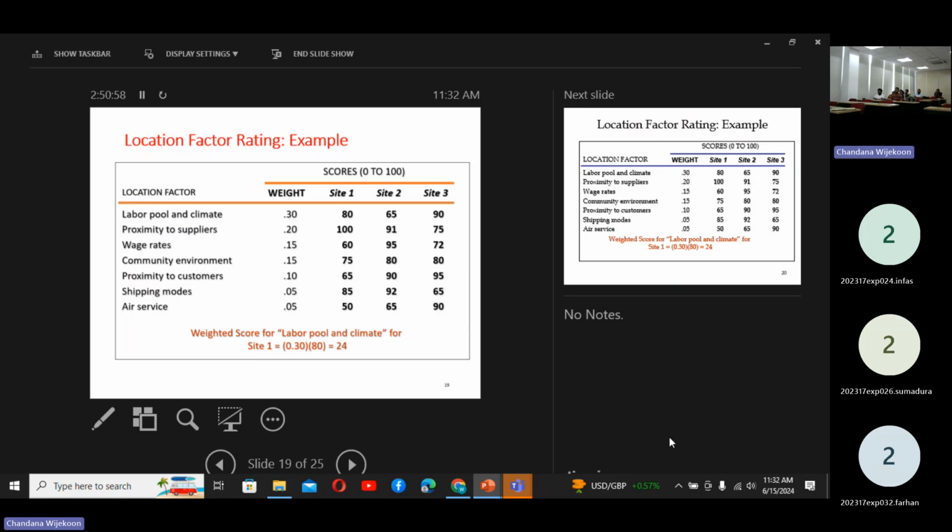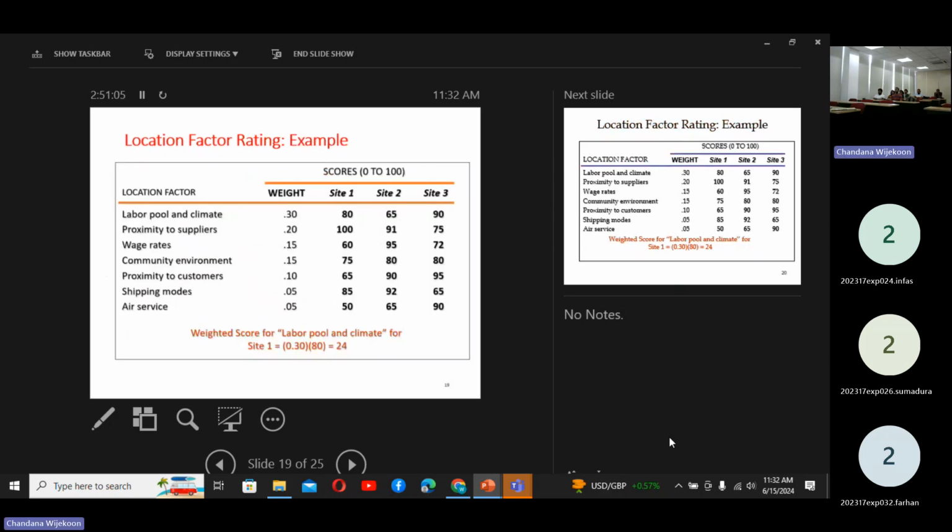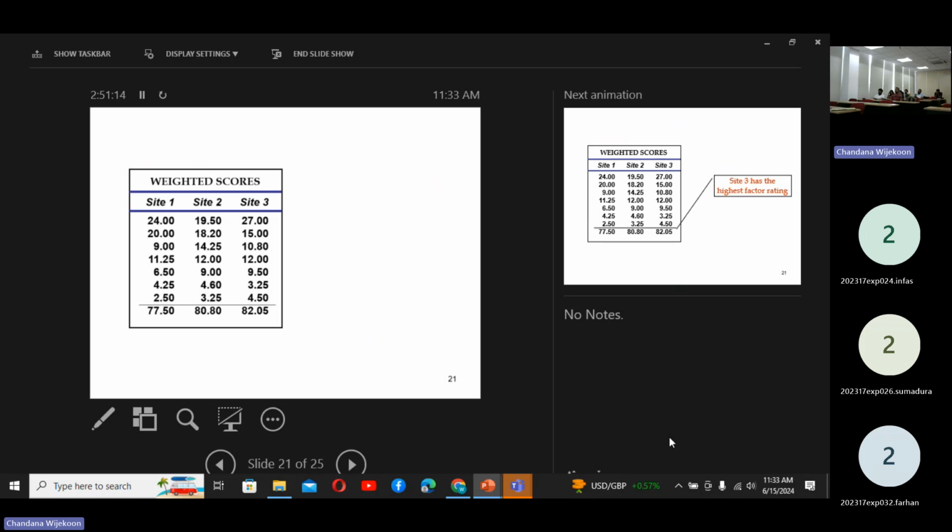Right? Then comes the step where we multiply the score by weights and get the weighted score. For example, 80 by 0.3, 24. We can get weighted scores for each site, for each factor, and add them together and get the total weighted score for each site.